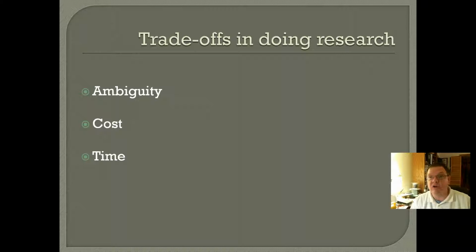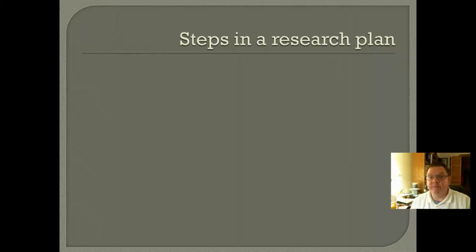Maybe it's just 100. You have to take into consideration the cost and the time. The less ambiguity you have, the more that's probably going to increase your cost and time. So that's something that you have to look at. You have to have trade-offs in doing that research.